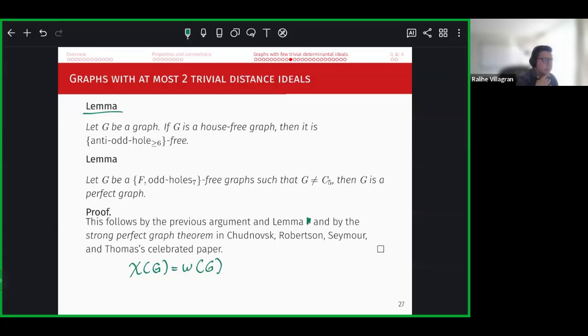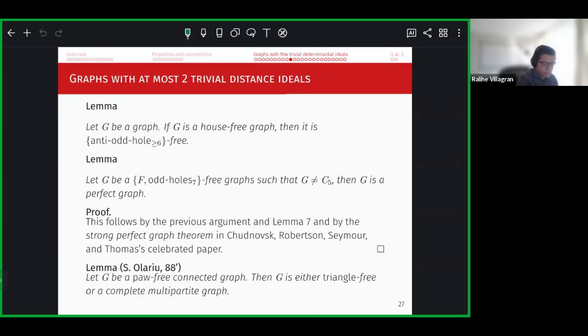So a graph is perfect if and only if it is free of odd holes of length 5 or more, and also free of anti-odd holes. So this is an important lemma that we use. Other lemmas, like the fact that if a graph is pole-free, meaning free of this graph, then G has to be triangle-free or a complete multipartite graph.